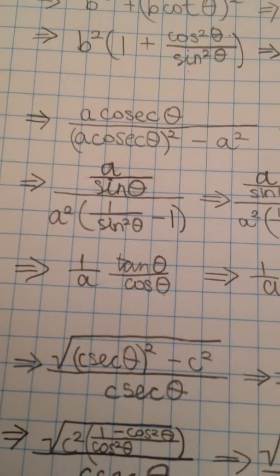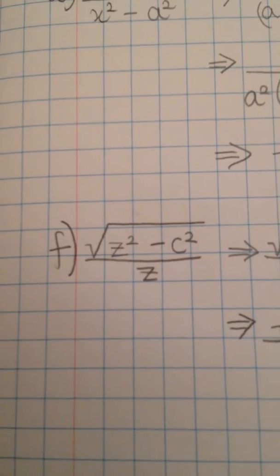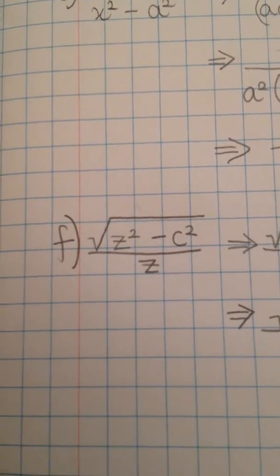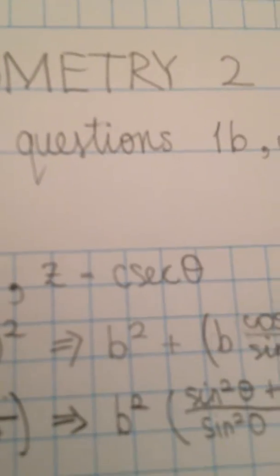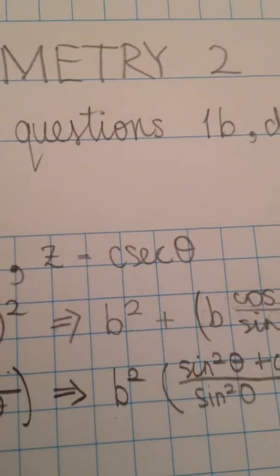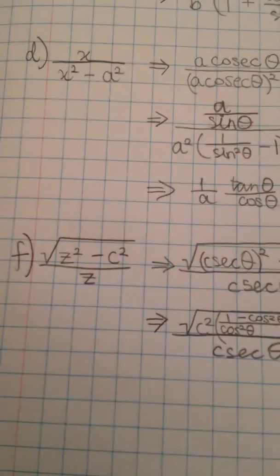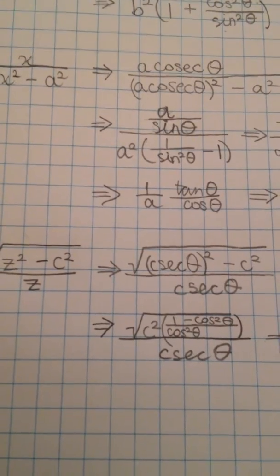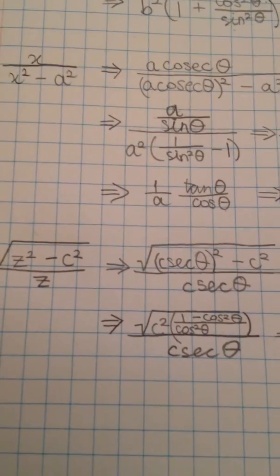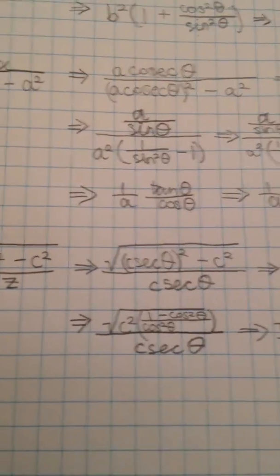And then for my final question, I have the square root of z squared minus c squared over z, and we know that z is c sec theta. And so I just changed that in the very first step. I changed the z's, both of them, the squared one and the simple one on the denominator.